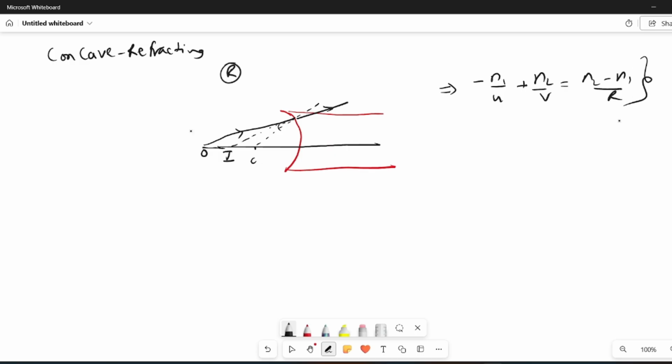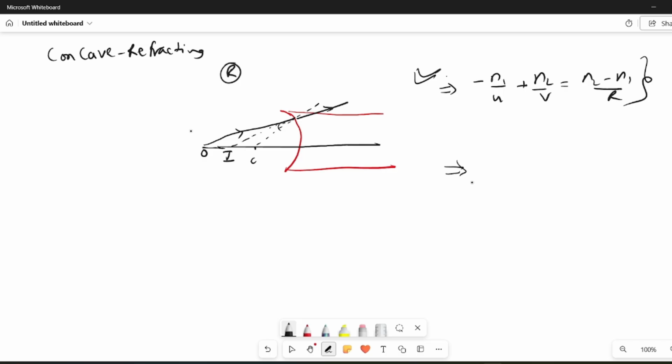Now this is the most exciting point, because for both the concave and the convex refracting surfaces, it is not the amount of angle of incidence, it is the placement of the object. When you place an object in a rarer medium, the same kind of equation comes, and when you put the object in the denser medium, the same kind of equation comes. That is our final result.